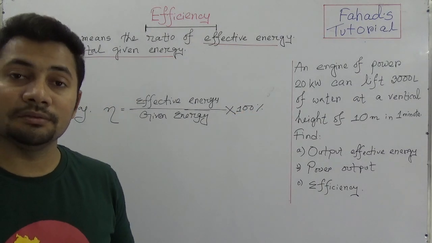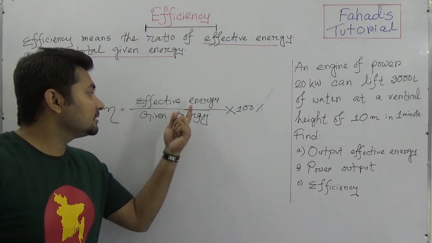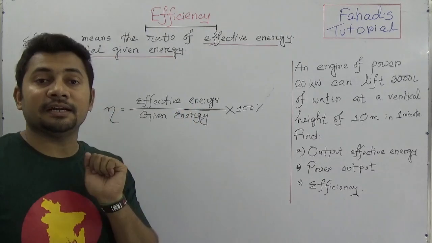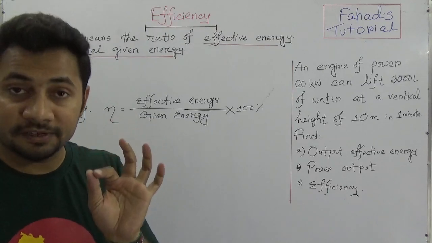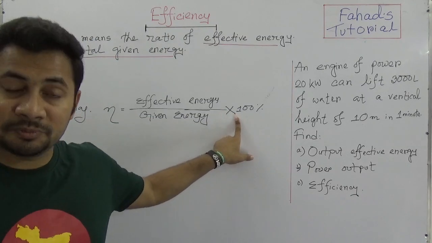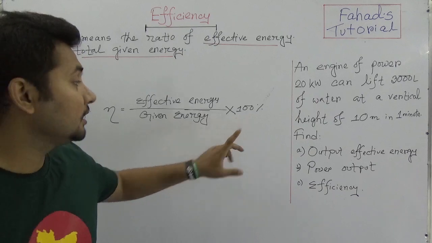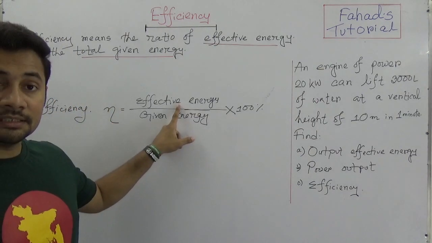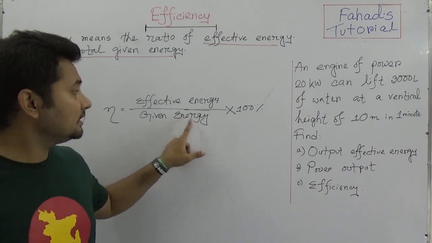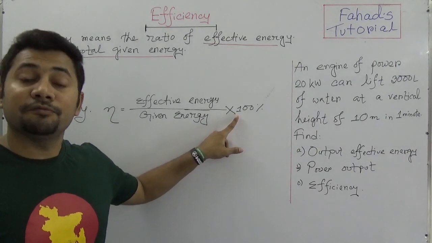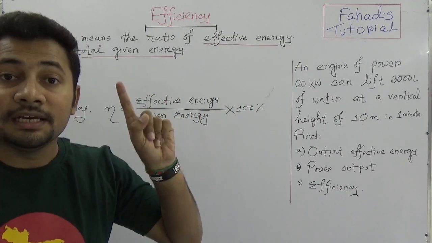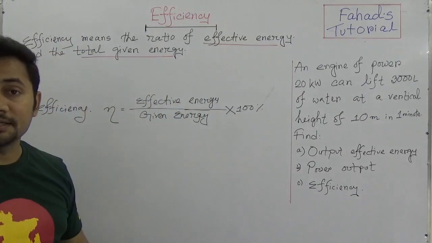Efficiency has no unit, because this is the ratio of similar quantities. If we divide energy by energy, we won't have any unit, so it is expressed as a percentage. So eta is equal to effective energy divided by given energy times 100%. And of course you need to know that effective energy will always be less than total given energy.